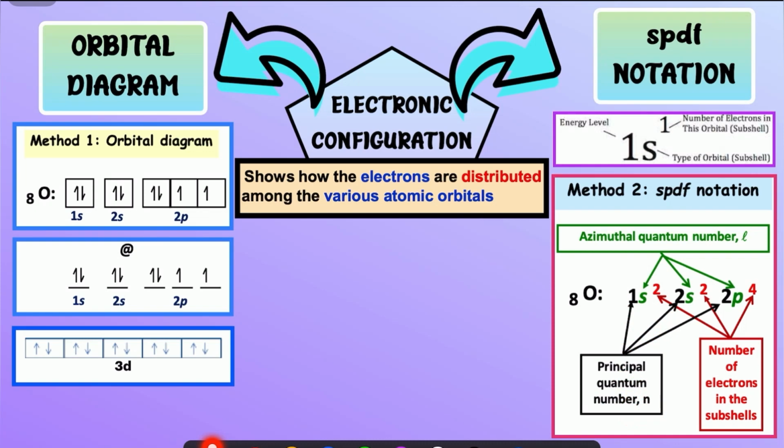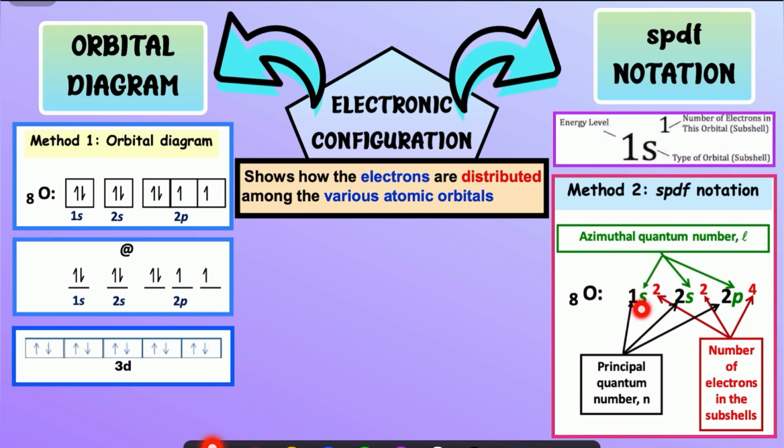So at n equal to 1, there is only one s orbital, and how many electrons can occupy orbital s? The maximum is 2, because there is only one box. If you refer to this one, there is only one box, so it can be occupied by 2 electrons only. That's why here is 2.